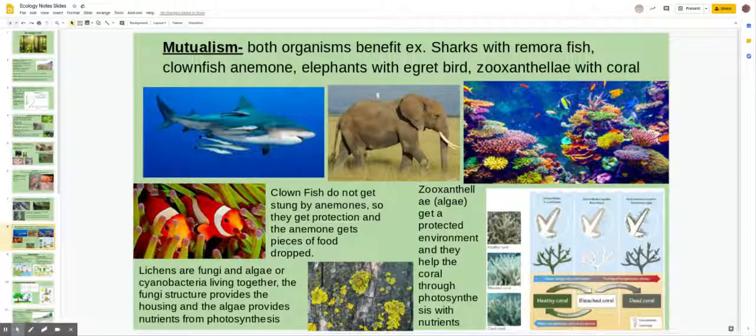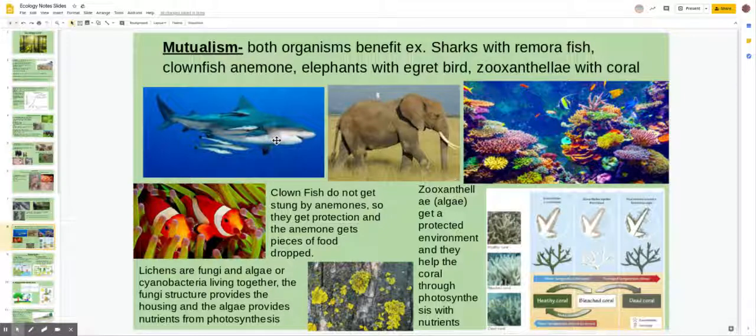It'll remove little bits of leftover food, and in fact, these remoras will even be allowed to swim into and around the mouth of the shark, and the shark won't eat them, because the remora is providing a cleaning service for the shark.